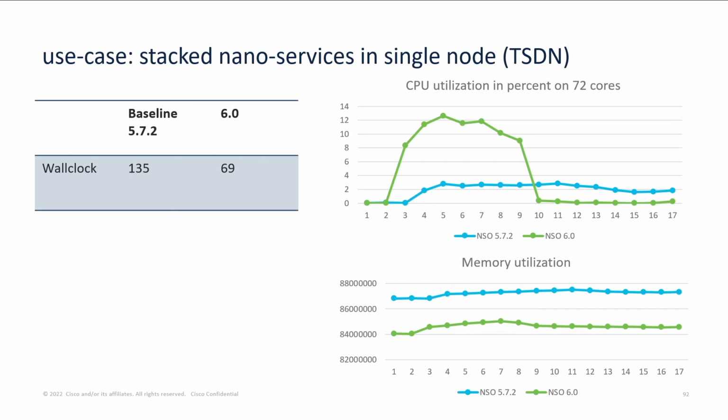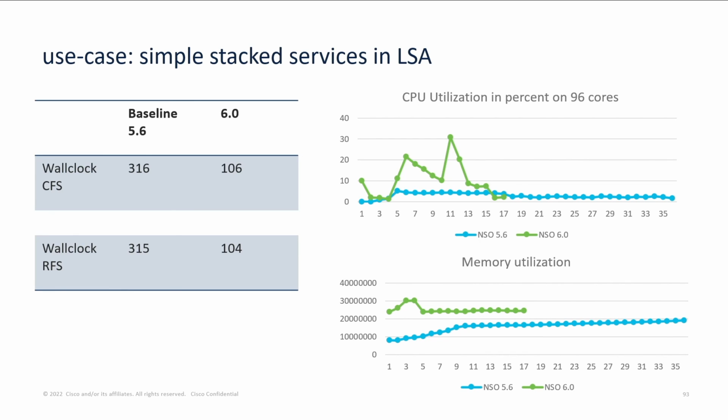And the gain isn't really as much as the other one, but at least 2 times or a little bit more than that. Next use case, and also these 2 previous ones are nano services. So they need time to converge. They cost more because there are more transactions involved.